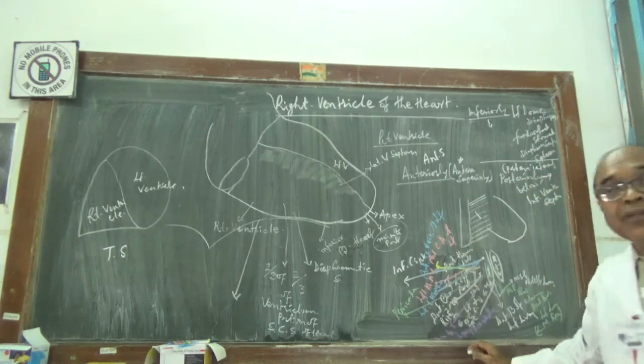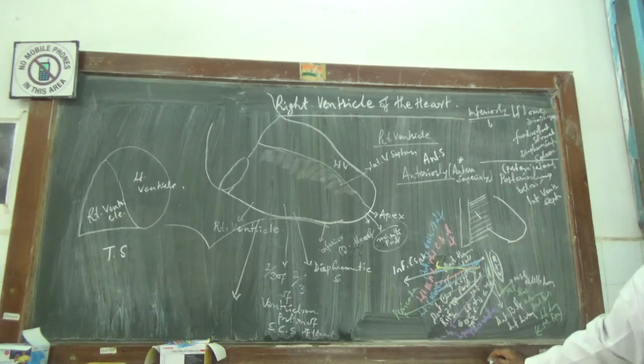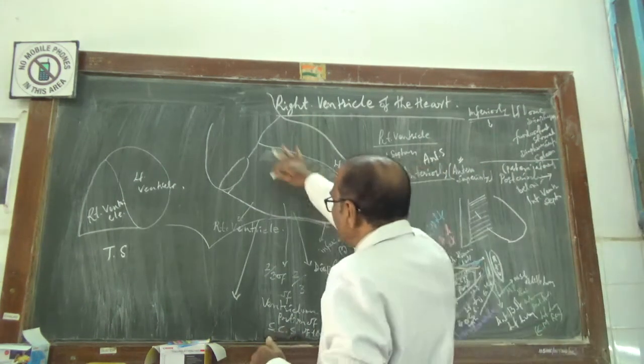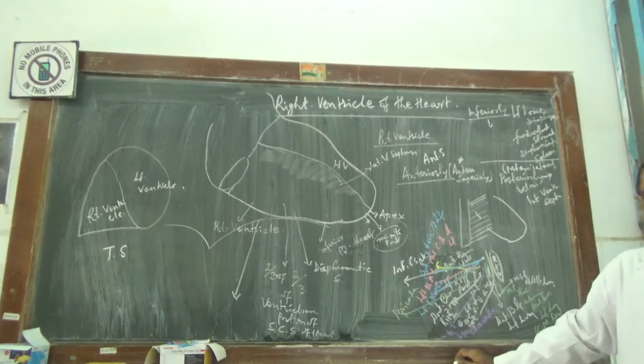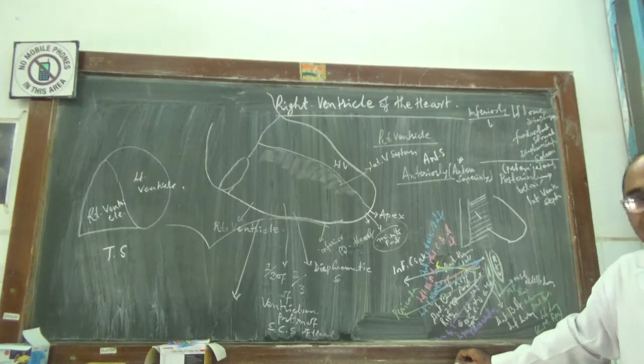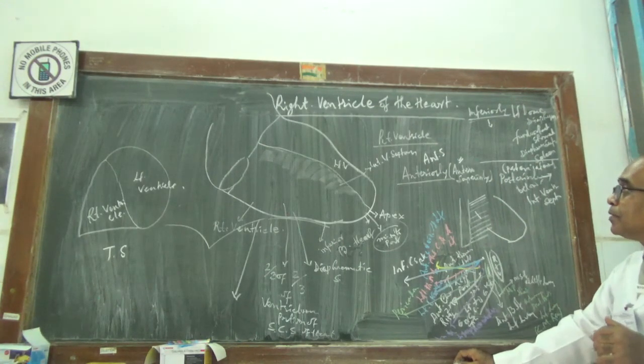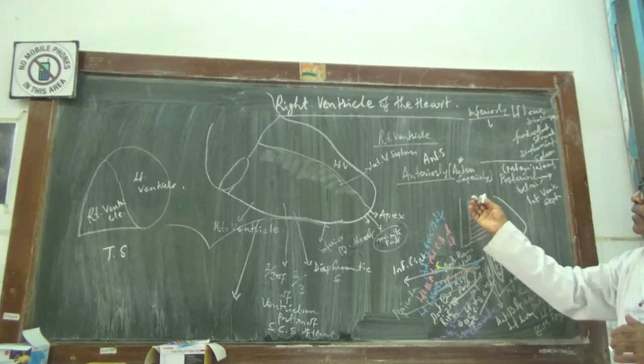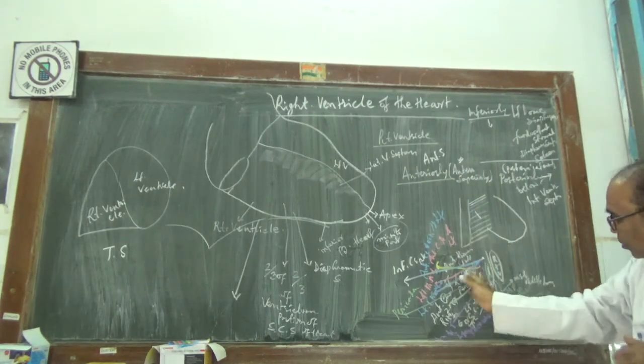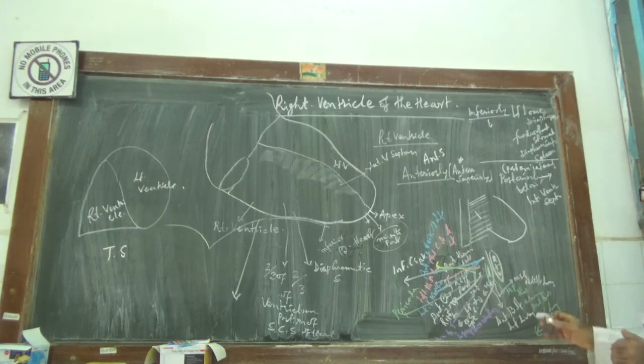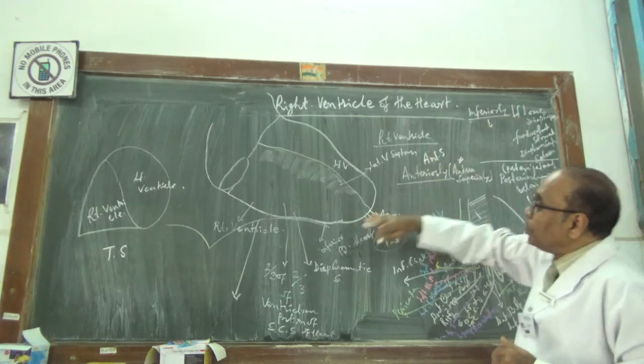So you have three boundaries to talk about for the right ventricle. One is anteriorly, also called anterosuperiorly, related to all these. Then below.